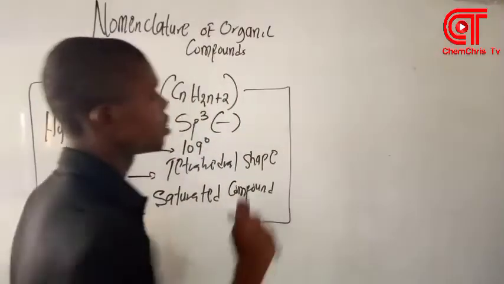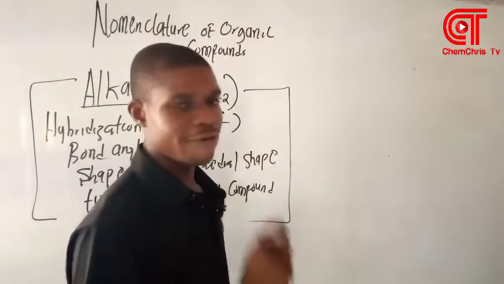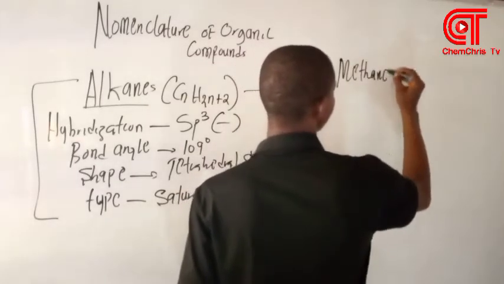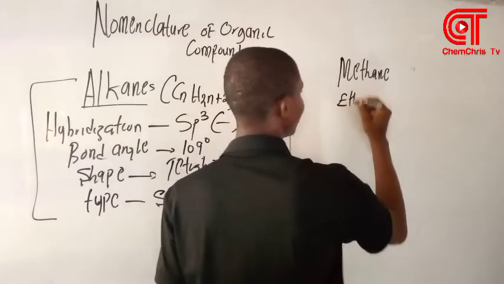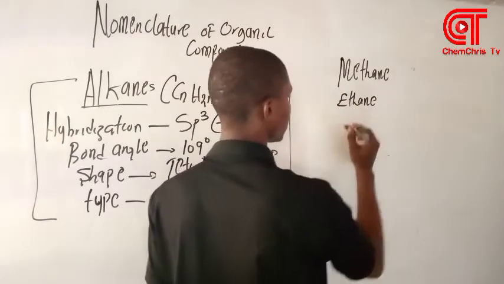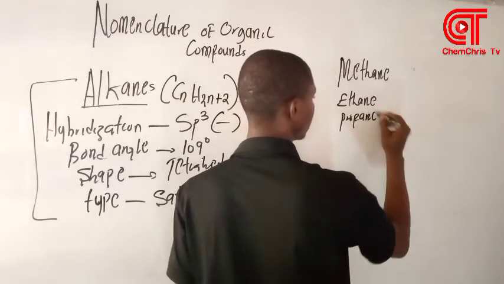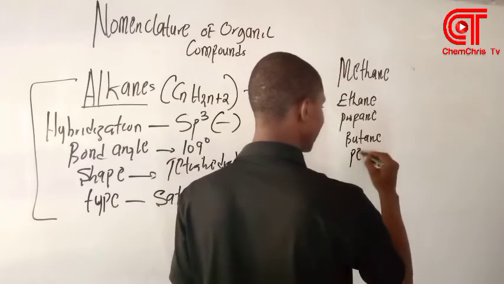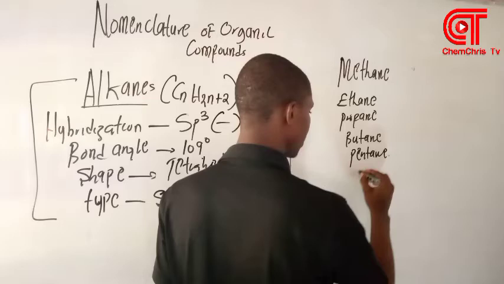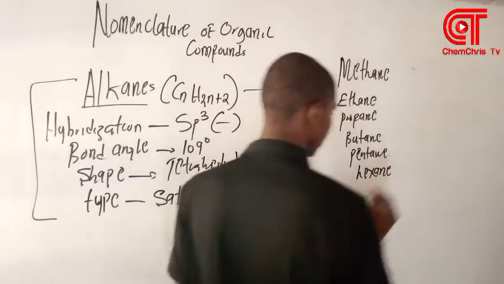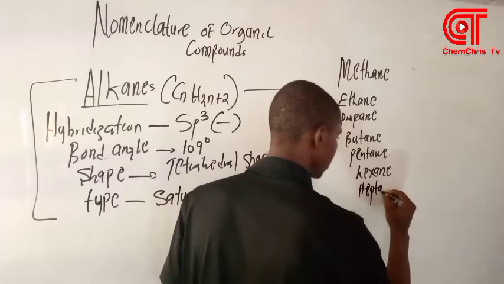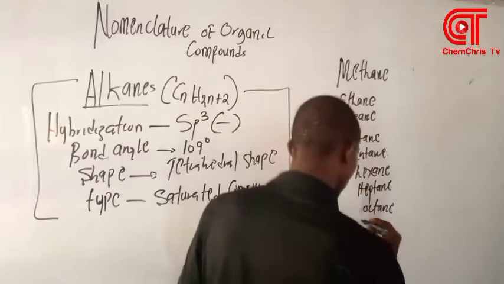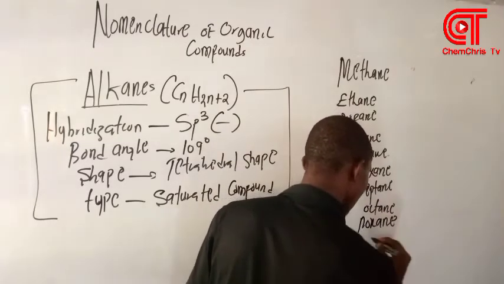The next thing you want to look at is the first 10 members of the alkane family. The first one is methane. The other one is ethane, then propane, butane, pentane, hexane, heptane, octane, and here we have nonane and decane.